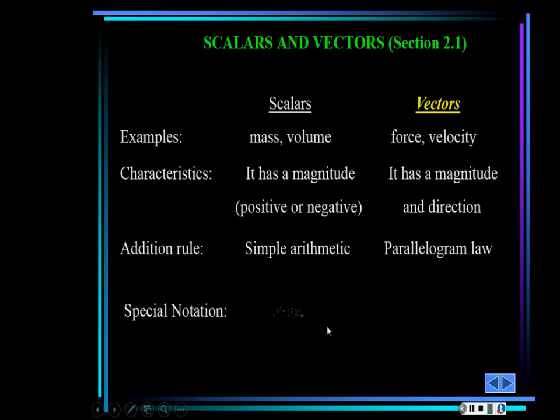Special notation for scalars? None. Very good, that was the first correct answer you gave me today. What is the special notation for vectors? Well, in this book that you're using, the Hibbeler, they use bold letters for vectors. You can have that, or you can have an arrow on top of the letter to identify a vector.